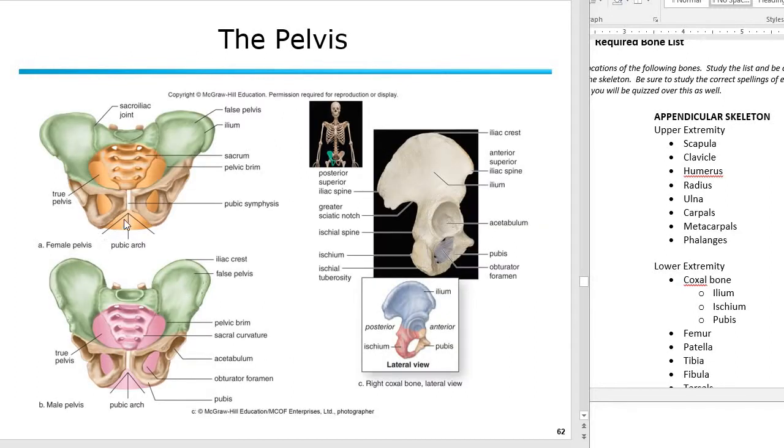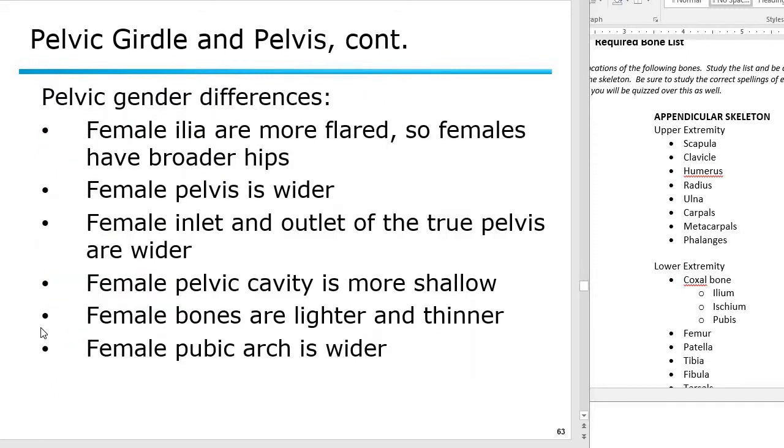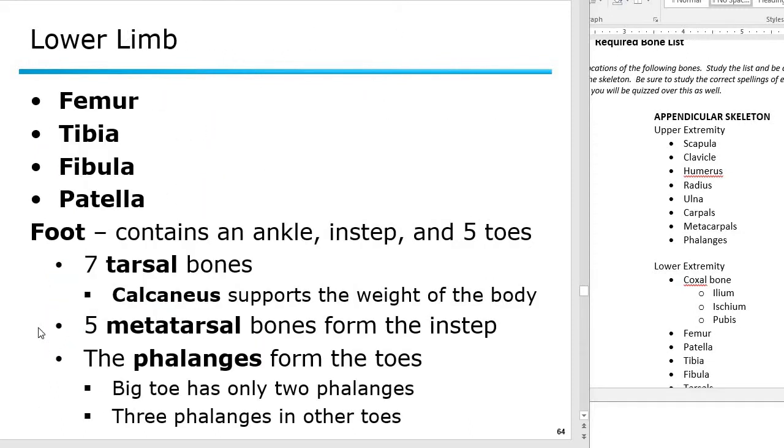If you look here, here's the pubic arch, it's wider versus thinner in males, and the more flared ilia of the coxal bones. This is for childbearing and also for childbirth. The child has to come down through the birth canal. So there are some slight differences. You can see that in the pelvic girdle.